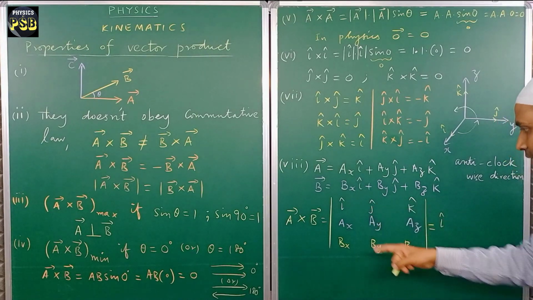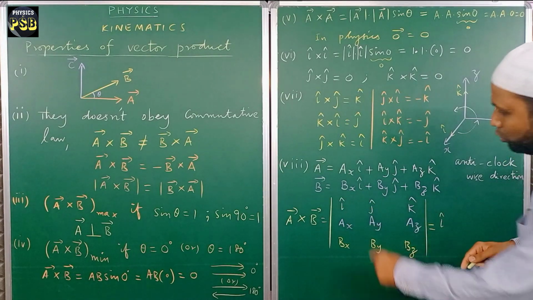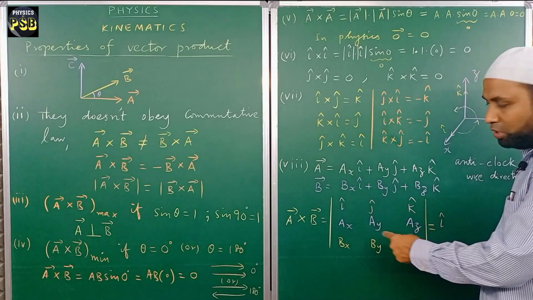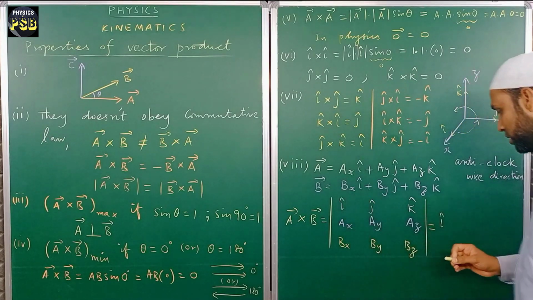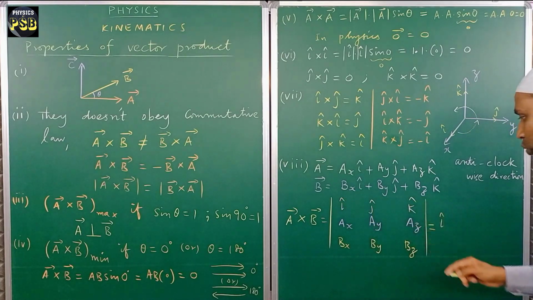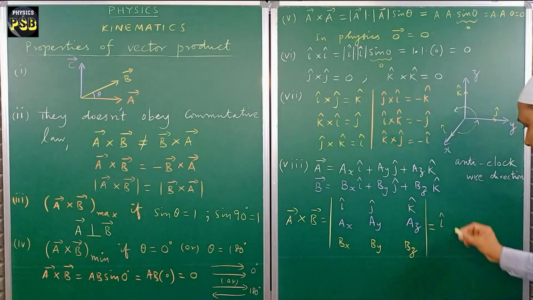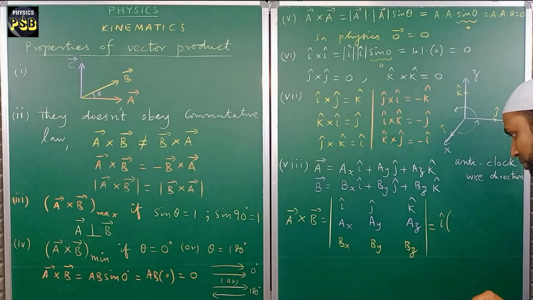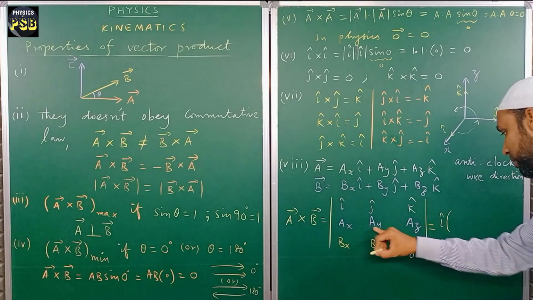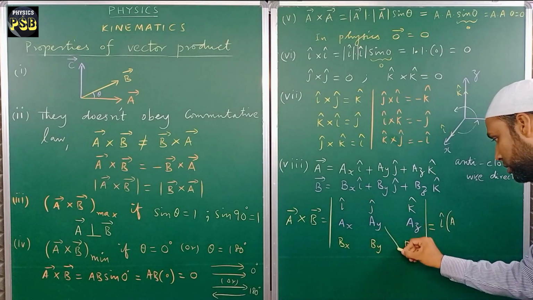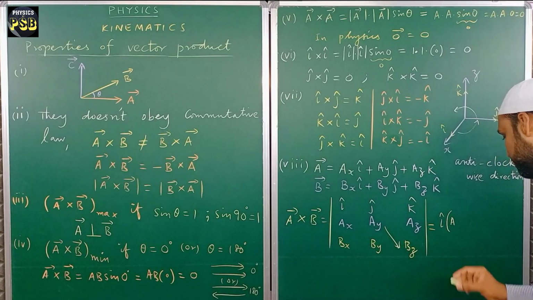I start with the first component, the first thing present here in this determinant. That's i. When I take i, I have to leave the row in which it is present. The same way, I have to leave the column in which it is present. When I leave these two, what is left here is nothing but these four components. So they are multiplied in this way: Ay multiplied with Bz. We have to go this way.